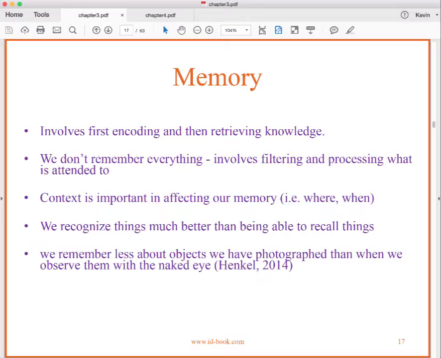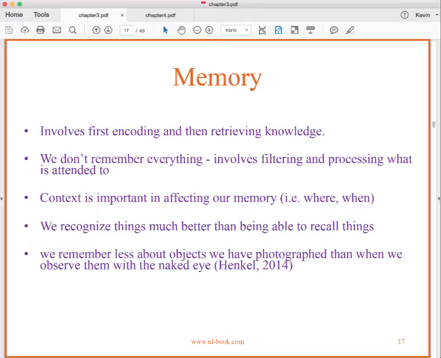The rest of us are really left with the more common problem of having to make sure that we pay attention to what we want to remember, and then having to deal with the issue of remembering it.